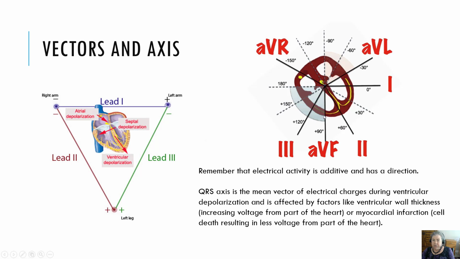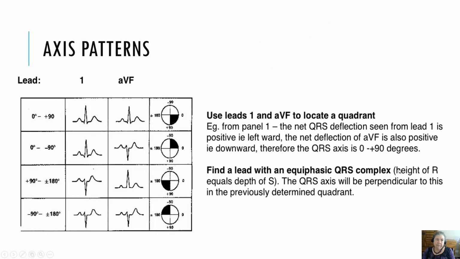So again, a normal axis is in this quadrant. It's between -30 and +90. And here we're showing vectors from atrial polarization, from septal polarization, from ventricular depolarization, all added up together, ending up kind of pointing down in this direction, maybe +60. And you can ignore this slide.